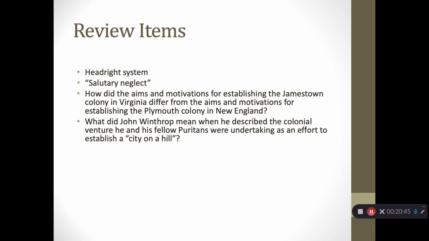But this same idea of establishing a model for other people to follow, of providing an inspiring model that animated John Winthrop's original quote about Massachusetts being a city on a hill, that's still very prevalent rhetoric in American politics.